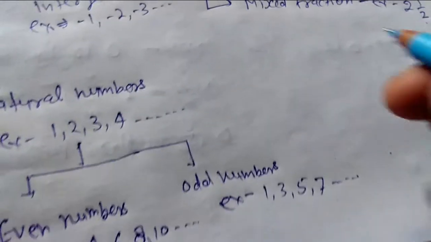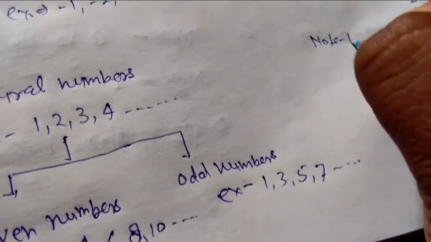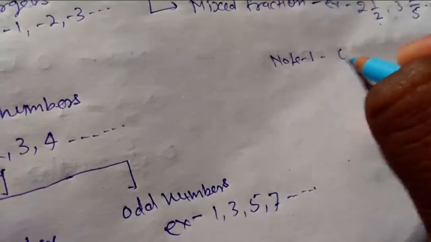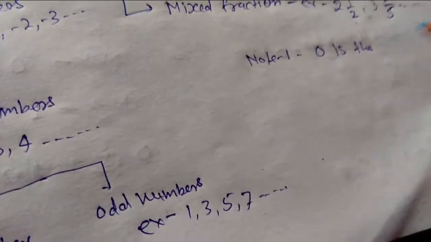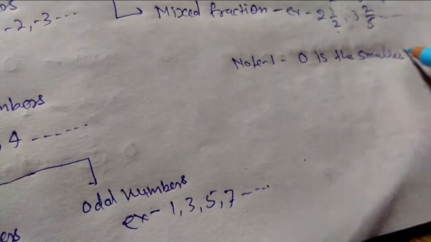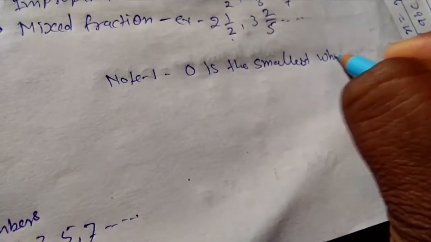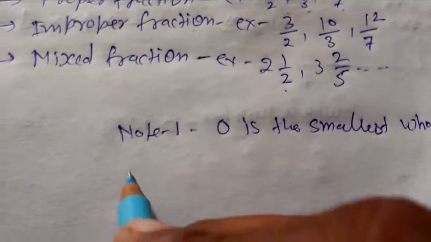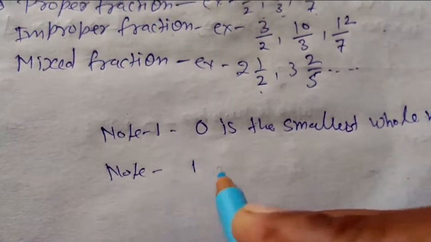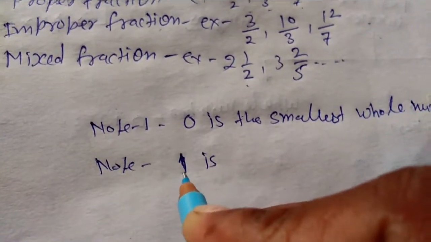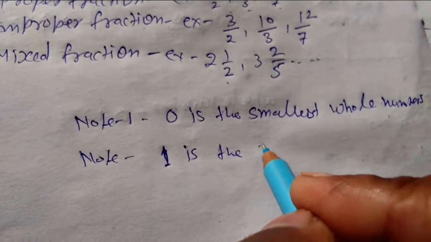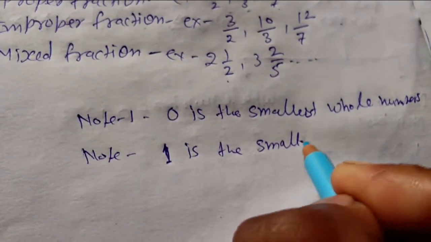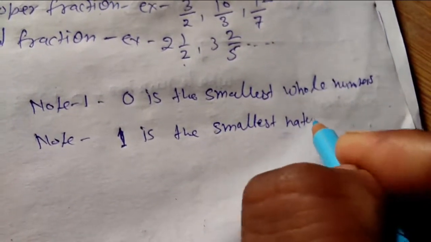Here we write a note. Note first: 0 is the smallest whole number. Note second: 1 is the smallest natural number.